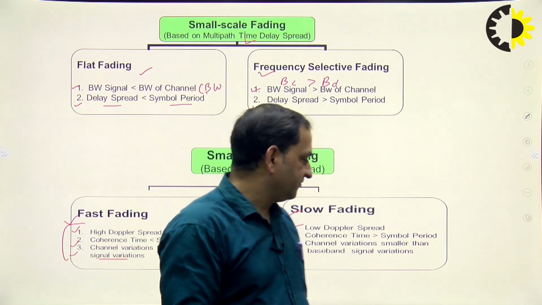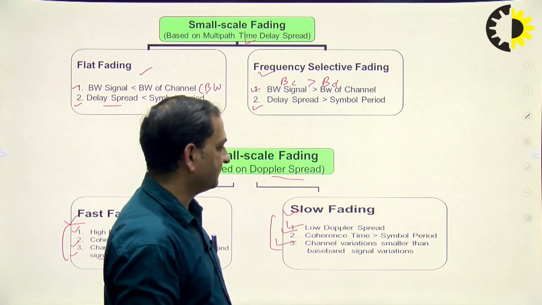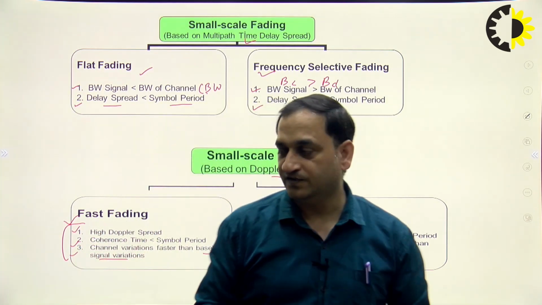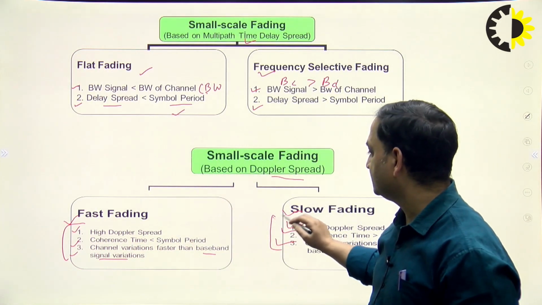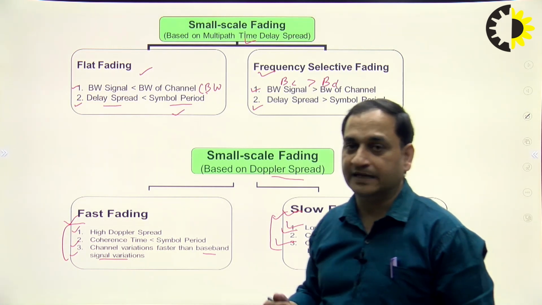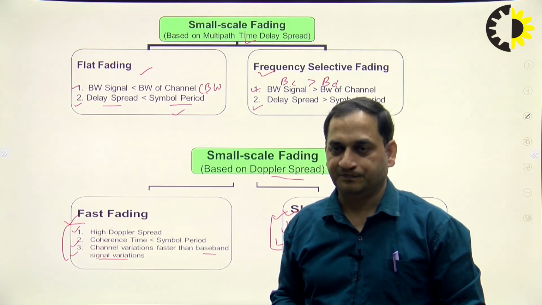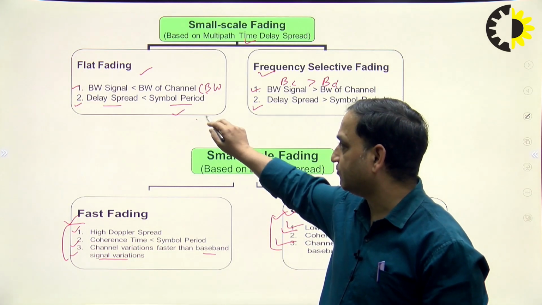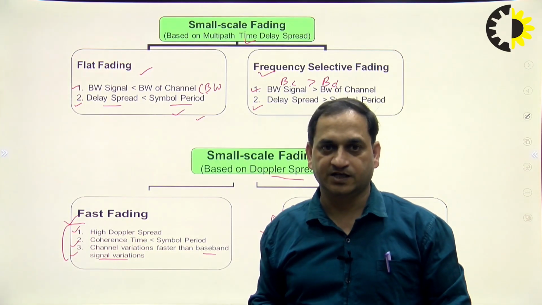If we look at this categorization of fading, we find that flat fading and slow fading, these two combinations are compatible for the system to reduce the ISI. These two conditions are the goal we want to achieve when we are building a wireless communication system.